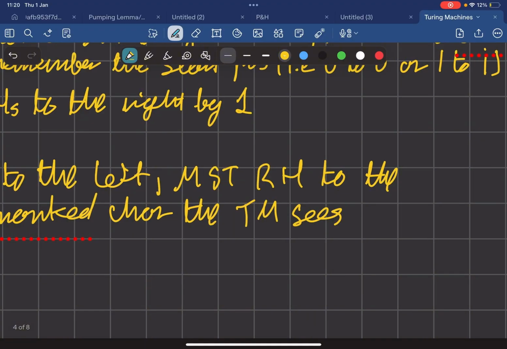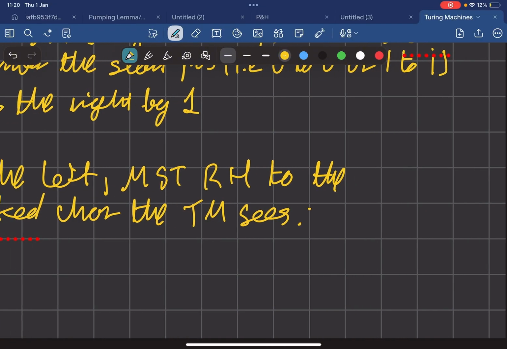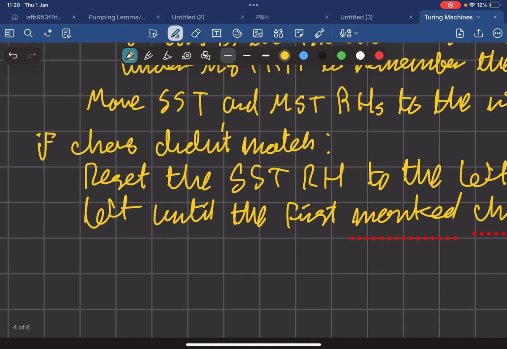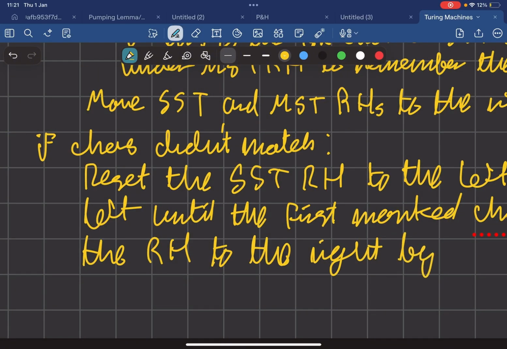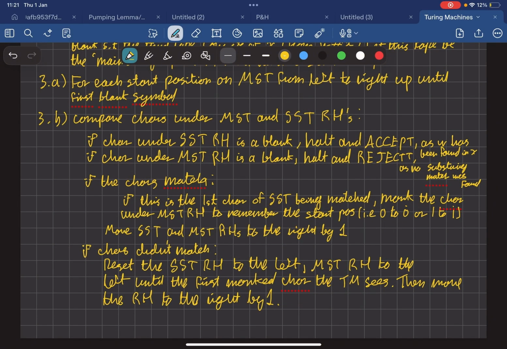And then we move it to the right by one, so we're trying the next one. And if we do this, we want to go back to step 3.b. So we just start the comparison process all over again.